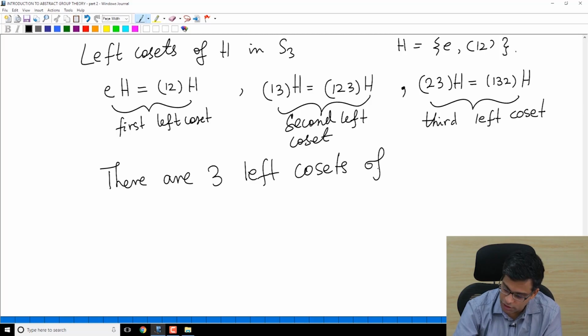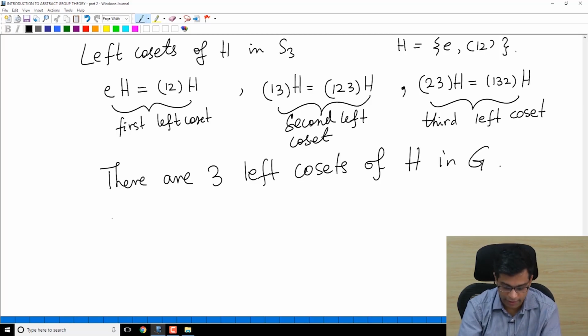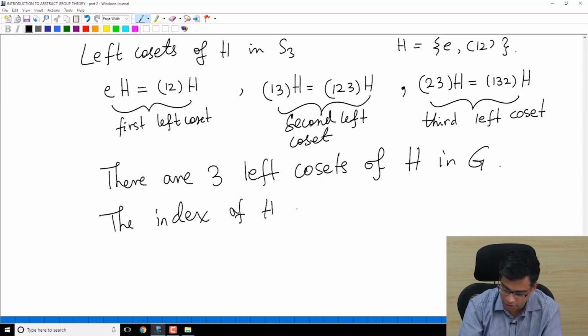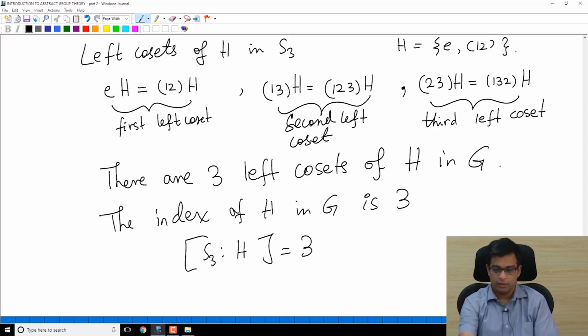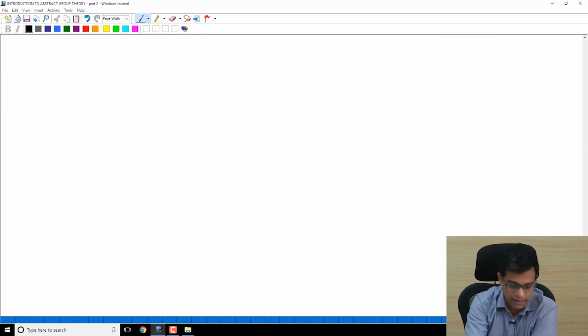There are 3 left cosets of H in G. In other words, the index of H in G is 3. In my notation that I developed earlier, G colon H is 3. That means G was S3. So let me write S3 colon this particular subgroup is 3. So is the counting formula verified in this case?